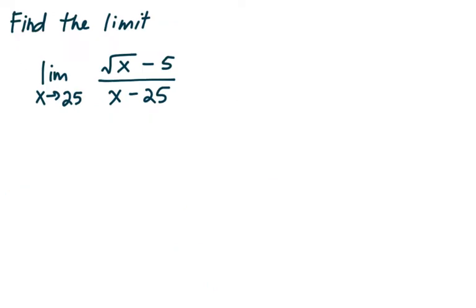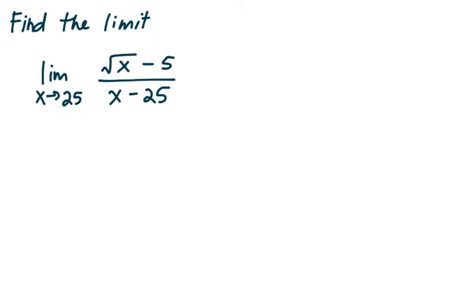Our next limit example, we're going to be looking at the limit as x approaches 25 for this rational function, the square root of x minus 5 divided by the quantity x minus 25. Immediately, I go and I try to plug the 25 in, but of course that's going to give me 25 minus 25 in the denominator, which means we'll be dividing by 0, and that is not defined.